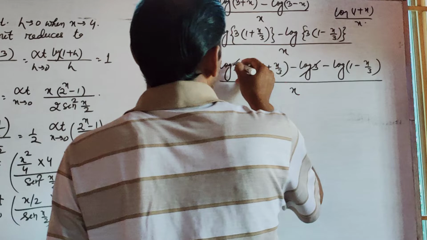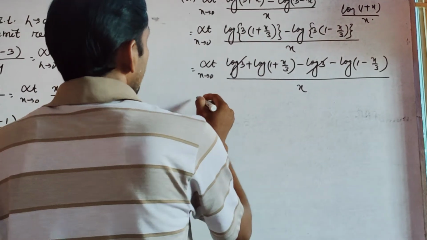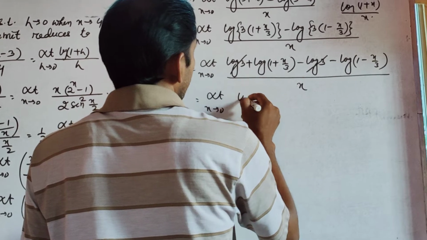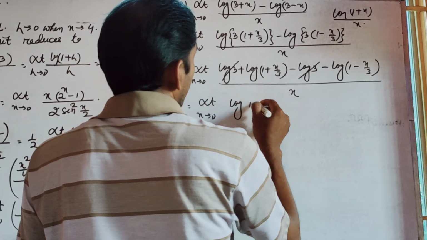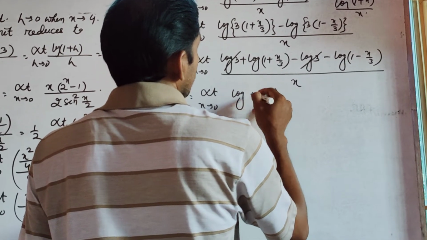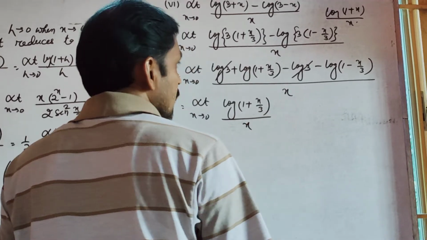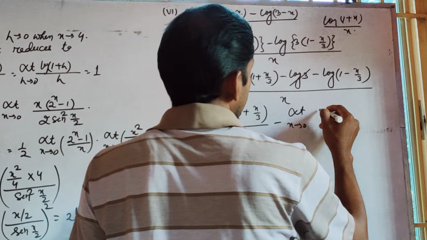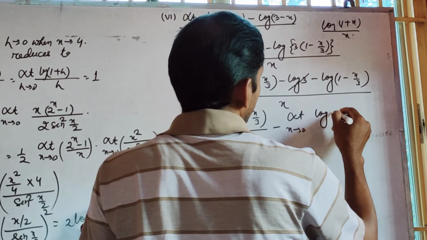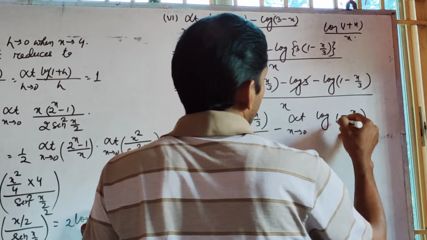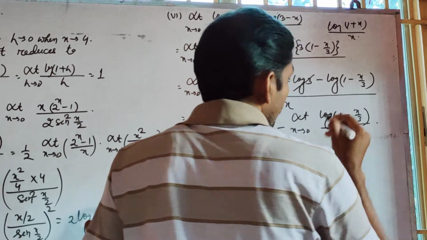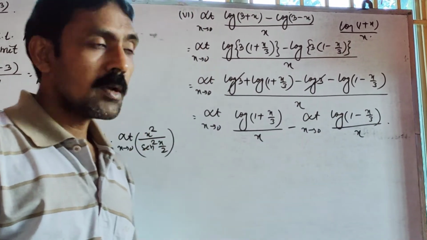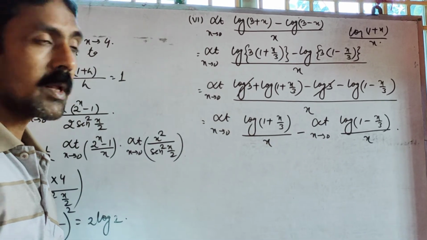Here log 3, this answer. Now I can separate it. Limit x tends to 0, log 1 plus x by 3 by x minus limit again x tends to 0, it is log 1 minus x by 3 by x. But here denominator 3 is there, so here you have to multiply and divide it by 3.